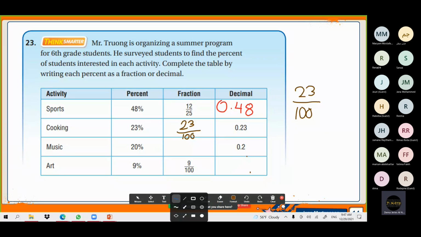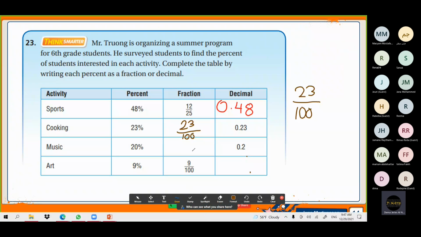Fatima. Dima Mansour. Okay, Sana. Yes, teacher. Here, 20%.